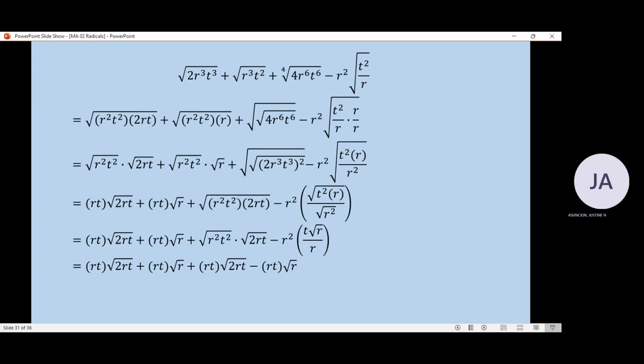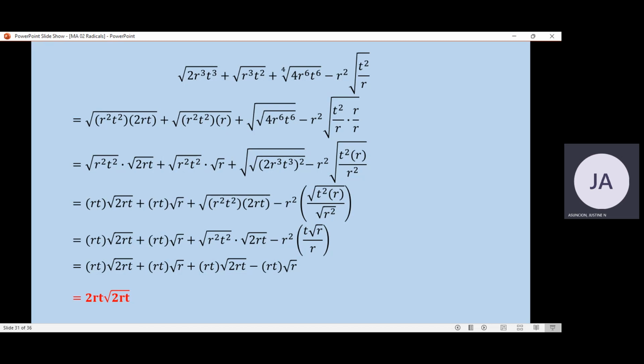Okay. Now, as you can see here, we have the common factor of the square root of 2rt, and then we have here the square root of r. Simplifying this, the rt times the square root of r minus rt square root of r is simply 0.